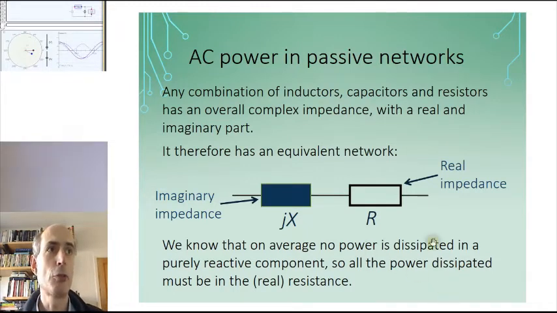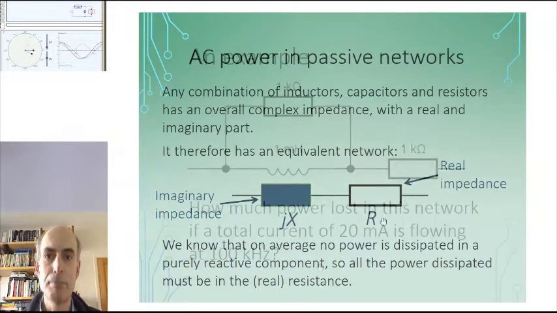And the real part is going to behave like a resistance, and the imaginary part is going to behave like either a capacitance or an inductance, depending on whether it's a negative or positive imaginary component. We know that there is no power dissipated by an ideal capacitor or an ideal inductor in a circuit because the voltage and the current are 90 degrees out of phase. So all of the power that's being dissipated by this equivalent network will be dissipated by the real part of the complex impedance, this part here, the resistance. All we have to do is work out what that is.